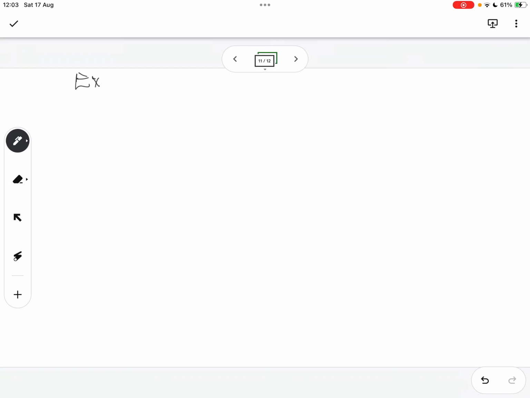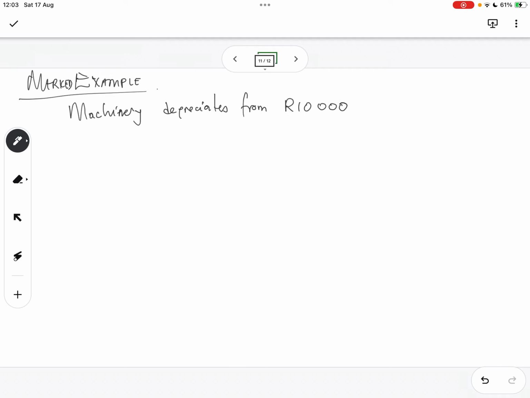All right, so we have a piece of machinery. This is a marked example. We don't know what machinery this is, but we know that it depreciates from 10,000 rands to 5,000 rands in 4 years.